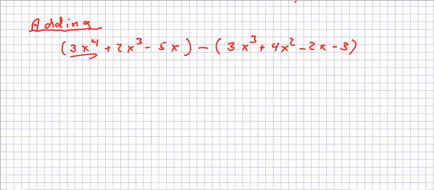3x to the 4th, nothing else, 3x to the 4th. Now, 2x cubed and a 3x cubed. 2 minus 3 is negative 1x cubed. Now I'm going to go to the squareds. I have no squareds on this side. I just have this one.